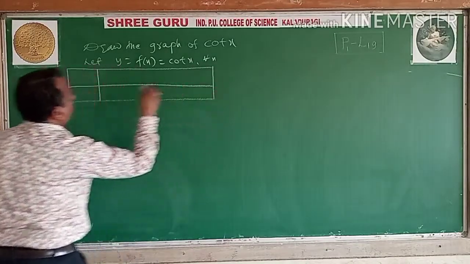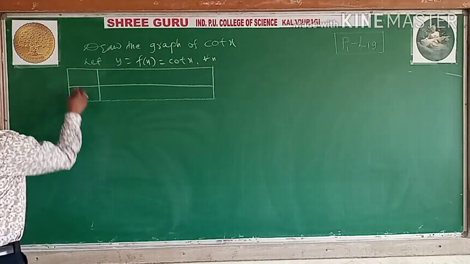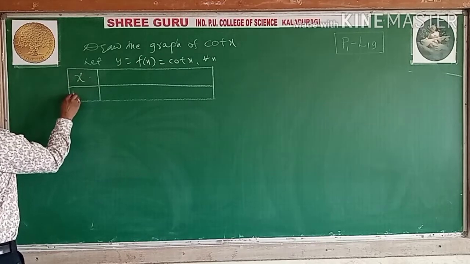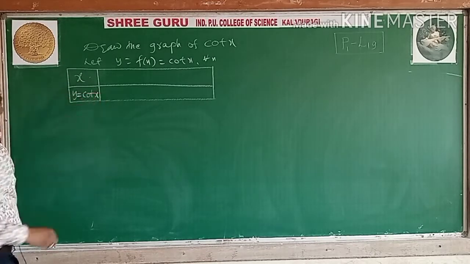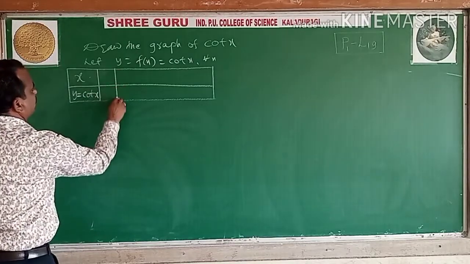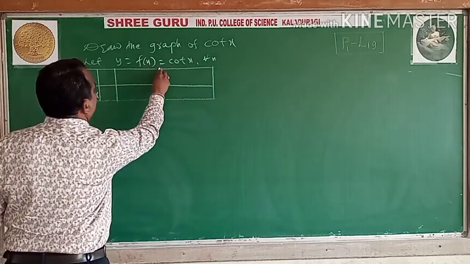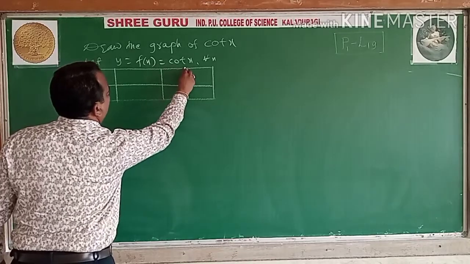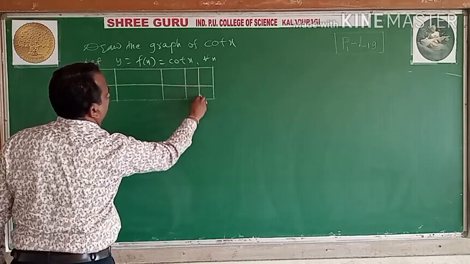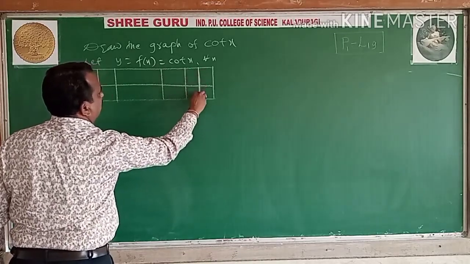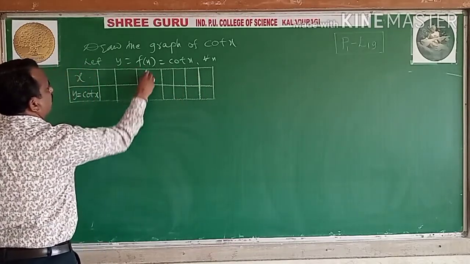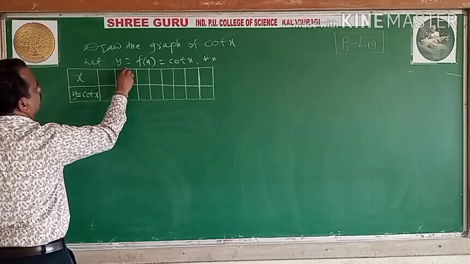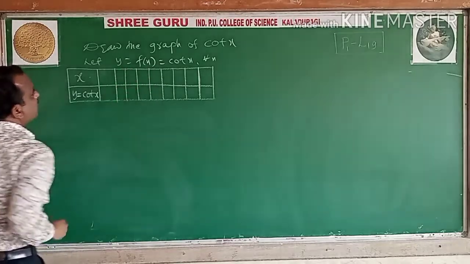X value, and y equal f of x equal cot x. We will take those intervals first, and afterwards we will see what type of values we should take.